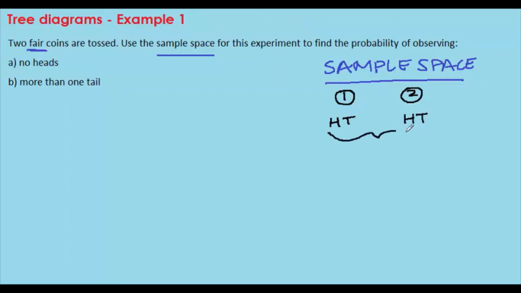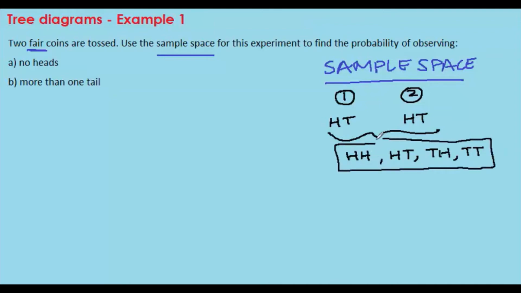Which means the possible outcomes are heads followed by heads, heads followed by tails, tails followed by heads, or tails followed by tails. And that is my sample space. So I'm going to put a box around that so the examiner or the teacher knows that that's my answer.